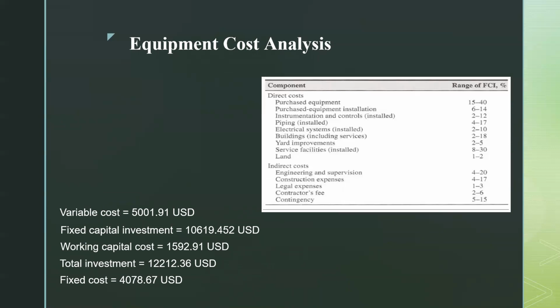All these costs were determined from the table, and we have assumed the cost percentage between the range shown in the table. And we determined all those costs: variable cost, working capital cost, and extra.